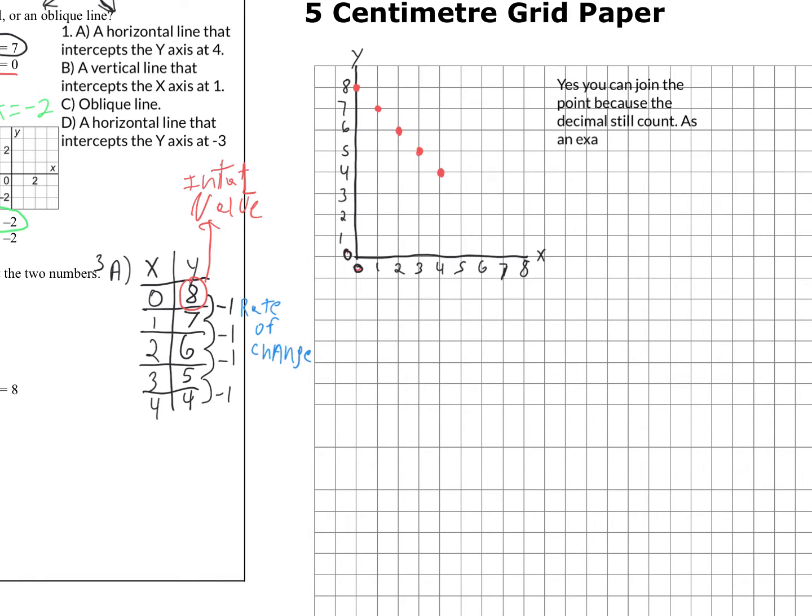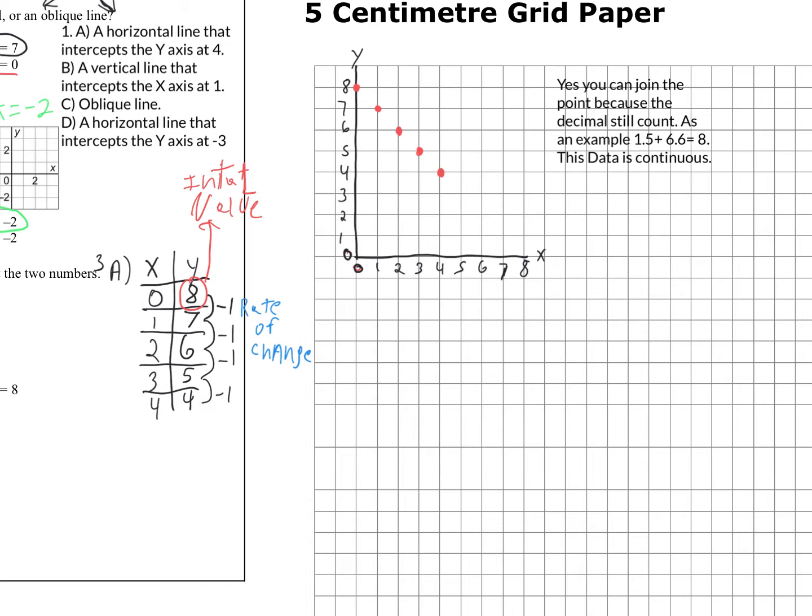As an example, 1.5 plus 6.5 equals 8. This data is continuous. Period.